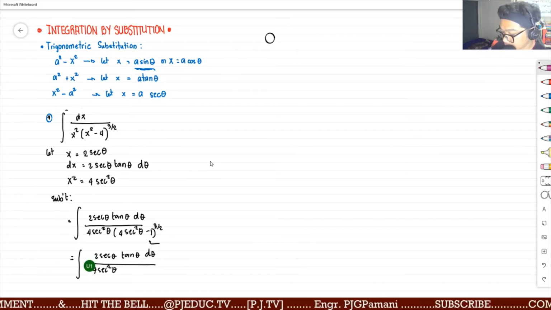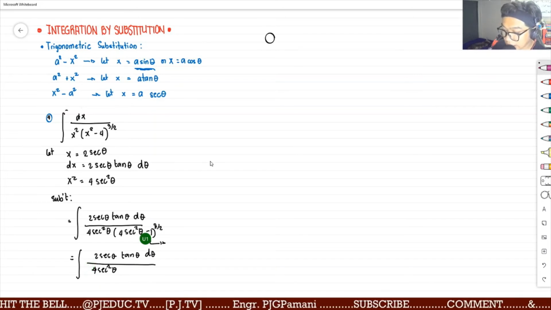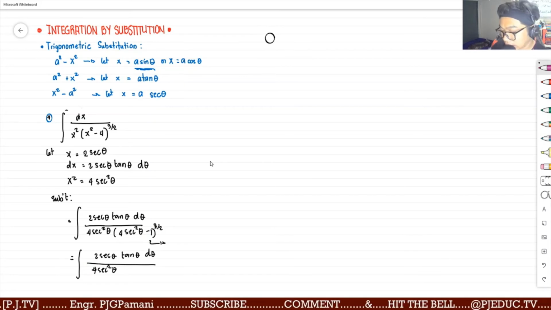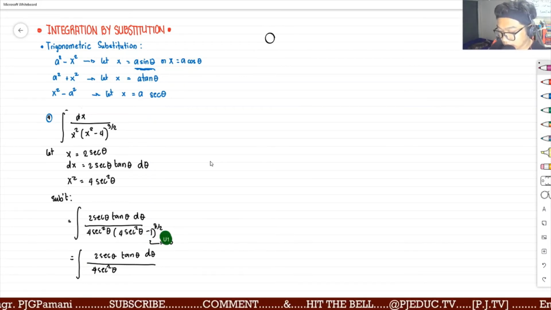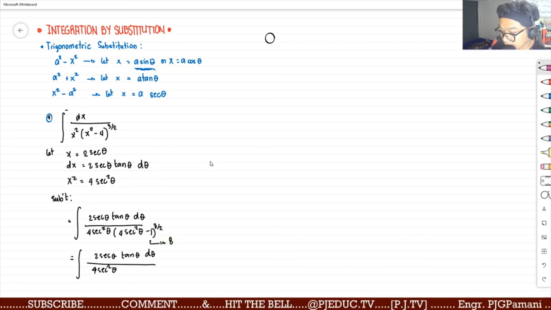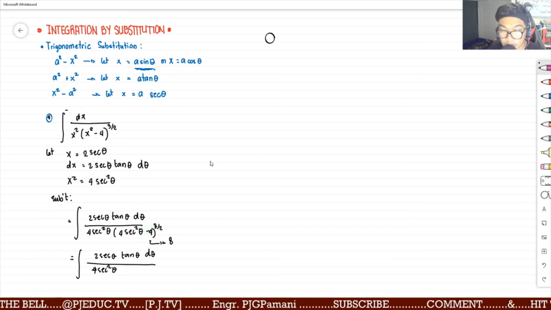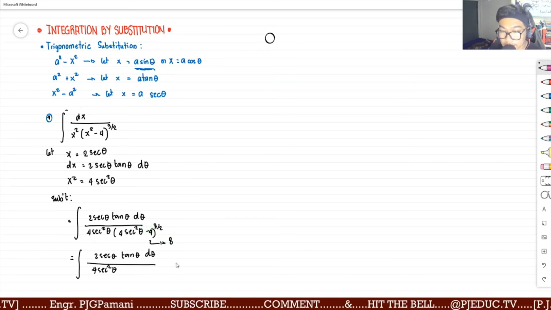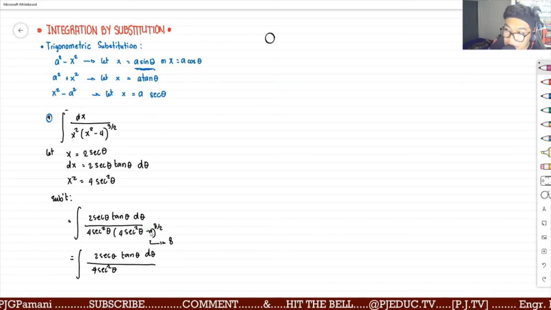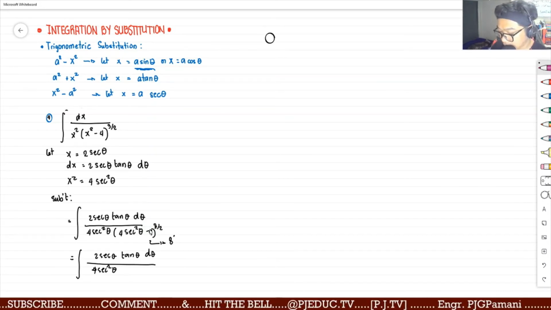Ito, pwede ko nang isimplify yan. 4 raised to 3 halves is what? 8. Diba? 4 din ito. O, 4 din yun. So, labas ko lang si 4. So, 4 raised to 3 halves is 8. Secant squared minus 1 is the same from your identities of tangent squared theta.